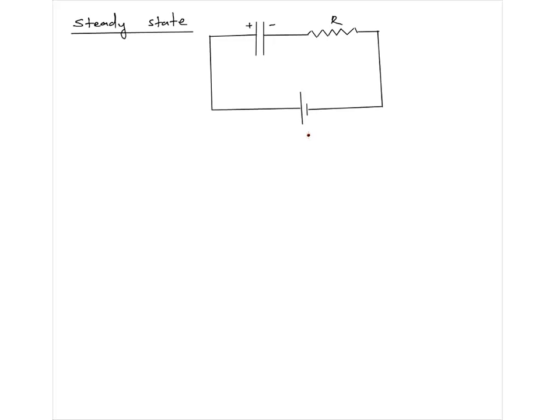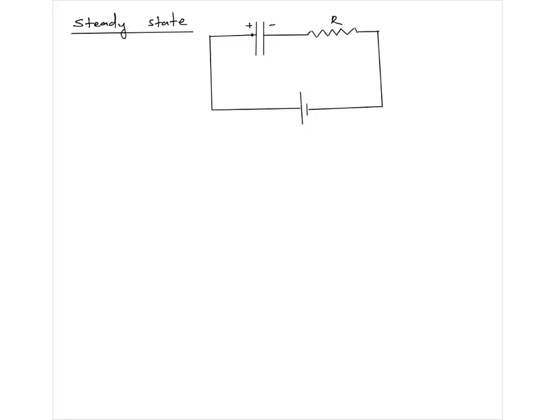Only when charging is taking place, only that time, you can say that current is flowing. You can say that sort of a current is flowing when charging is going on. And charging goes on for a very short period of time.